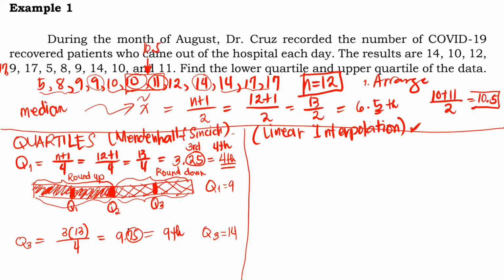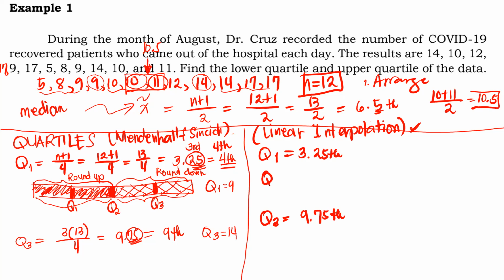We are not going to round up or round down, but instead we compute the equivalent of that 0.25 and that 0.75. So how do we do that? Since we already know that Q sub 1 is in the 3.25th position, and Q sub 3 is in the 9.75th position, we will solve. Okay?